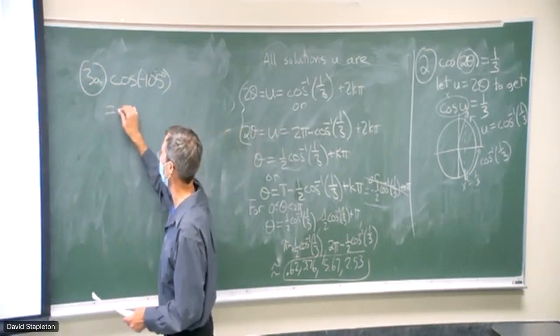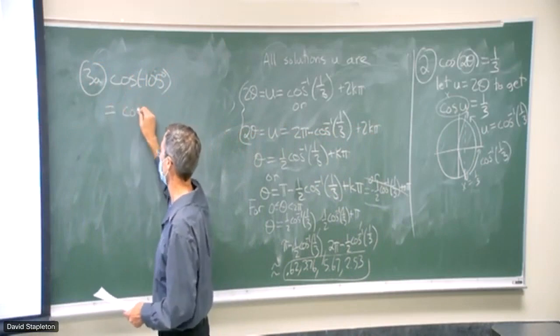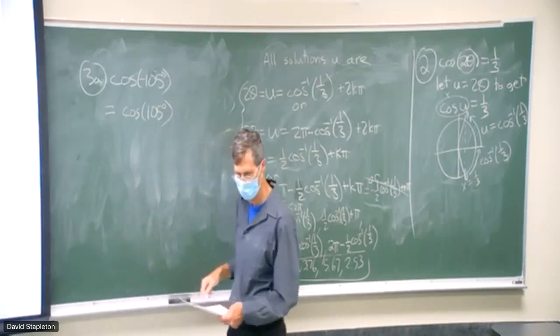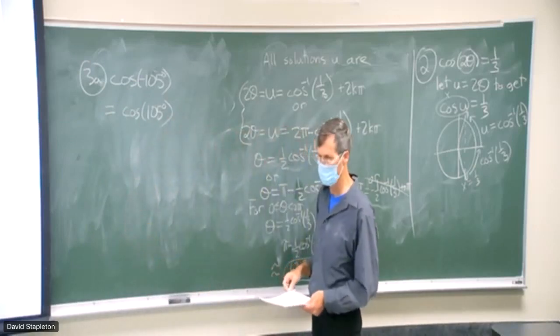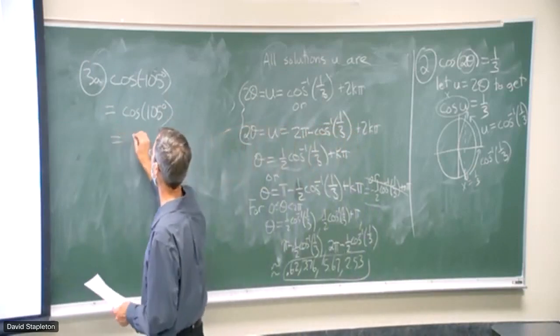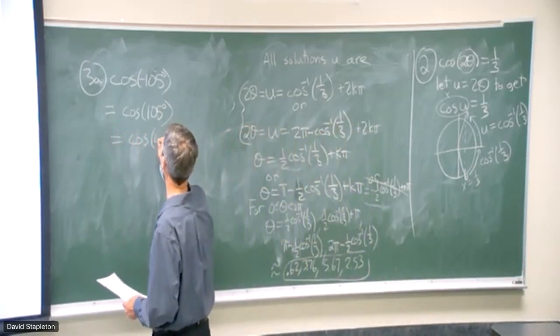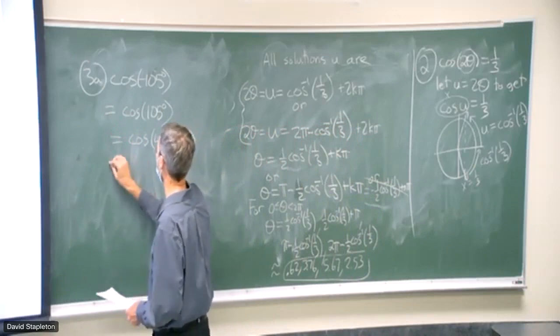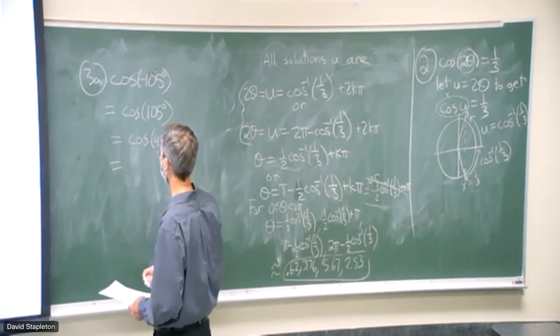I would first do this: cosine of a negative angle, since cosine is even, is the same as the cosine of a positive angle. Get rid of all those minuses. I just need cosine of 105 degrees. Well, 105 degrees can be written as the sum of special angles as 45 plus 60. That's the easiest way, the smallest angles you can add.